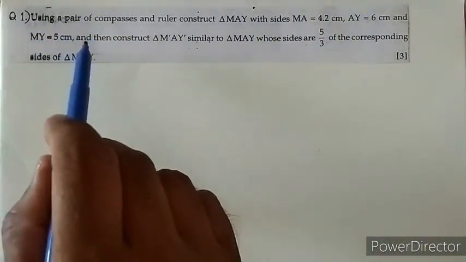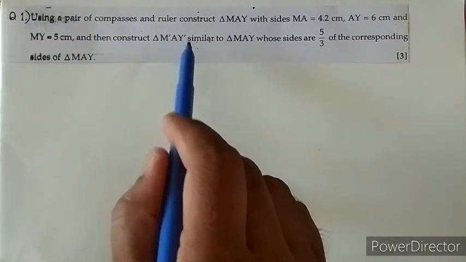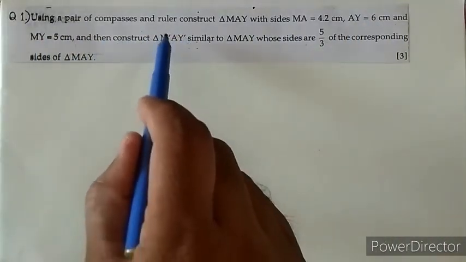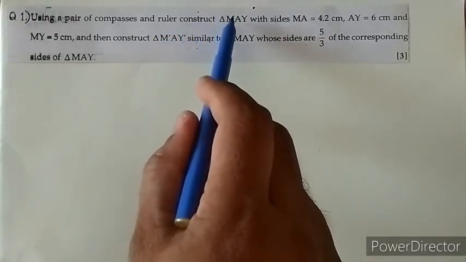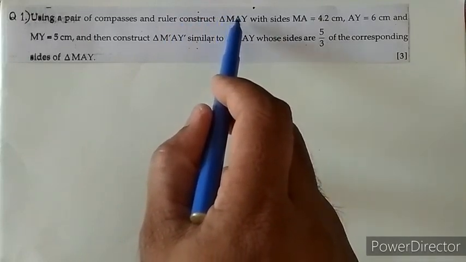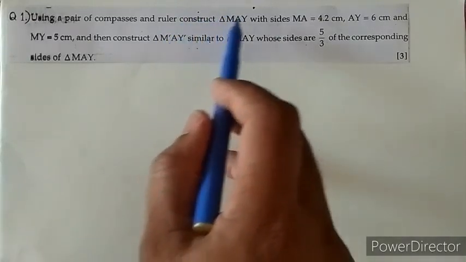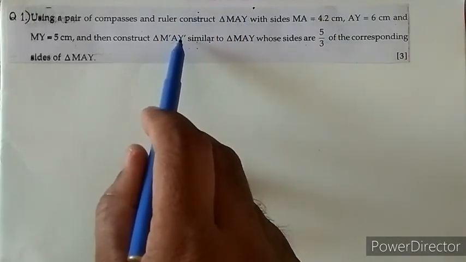Once we draw that, then construct triangle M bar A Y bar, another triangle. In the first triangle it was M, this is M bar. In the first triangle it was A, so A here, and Y bar, that means only angle A is common.